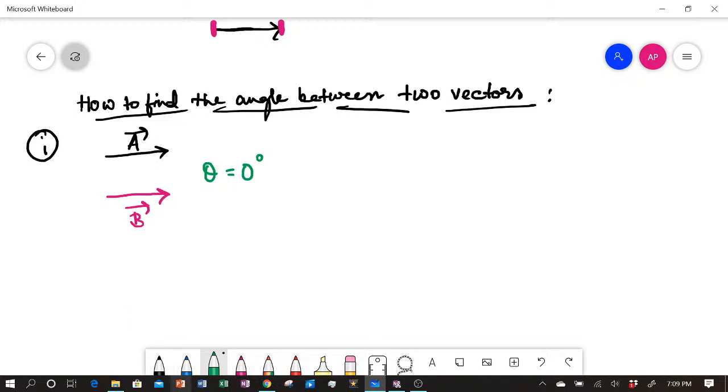In the second case, if A vector is like this and B vector is like this, then what is the angle theta between them? Please reply, guys. Okay, theta would be 90 degree.